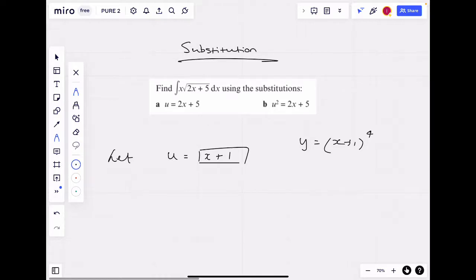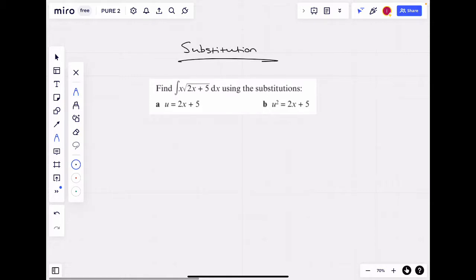With integration, you can do the same thing. It's known as integration by substitution, which is the question that you see on the board there. Integration by substitution is a process that allows you to integrate complex functions. You're not always going to get the substitute though.